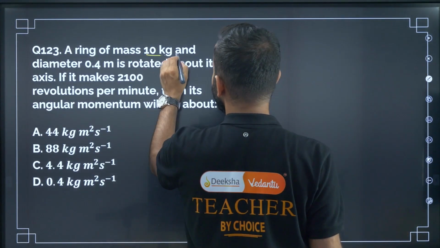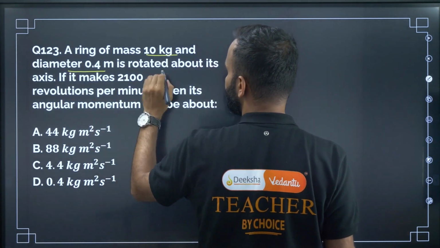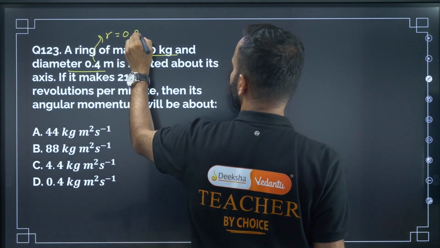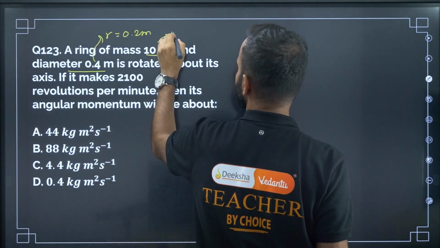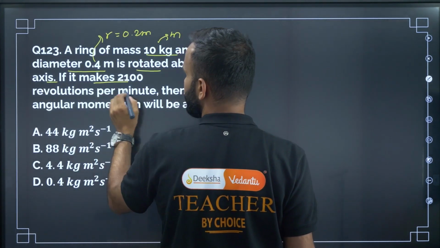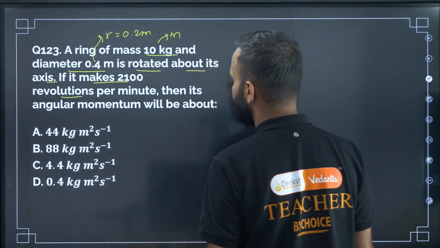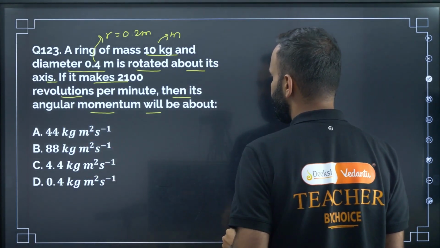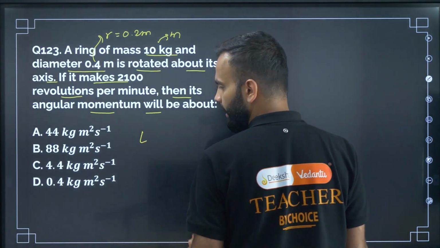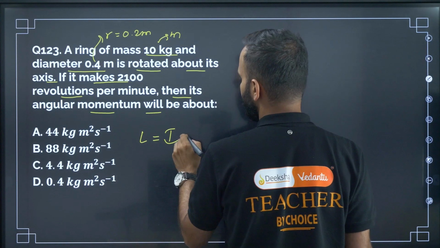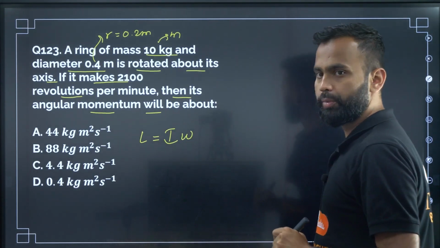A ring of mass 10 kg and diameter 0.4 meter, that is radius equal to 0.2 meter, here mass equal to 10 kg, is rotated about its axis. If it makes 2100 revolutions per minute, then its angular momentum will be about. We need to find angular momentum L, which is equal to moment of inertia of the ring into omega.